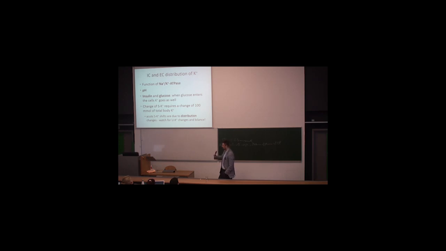So the message for you is, if you have some bigger hypoxia in your body, then it can lead to bad function of this pump, and it will modify the distribution of sodium and potassium.